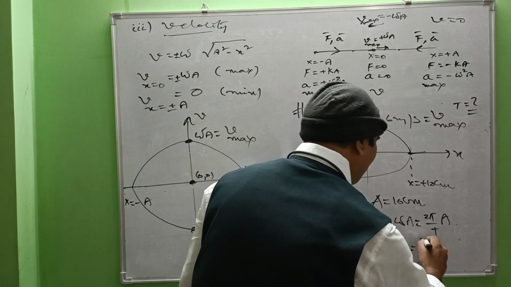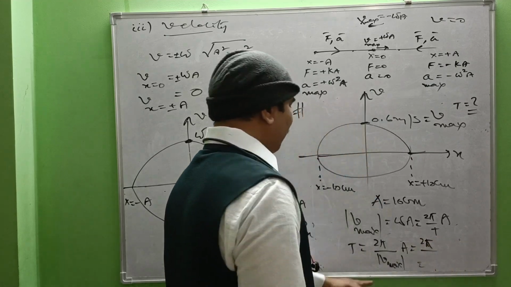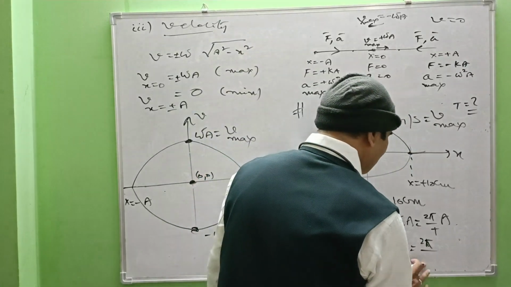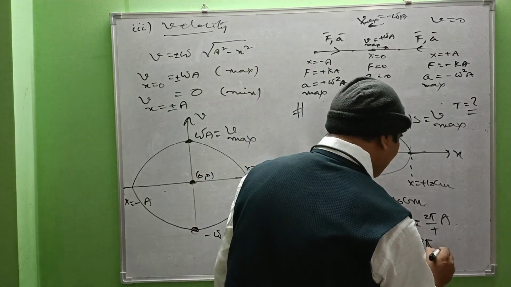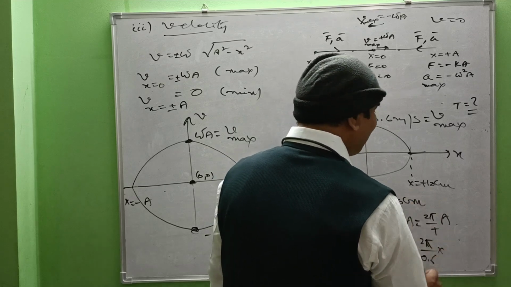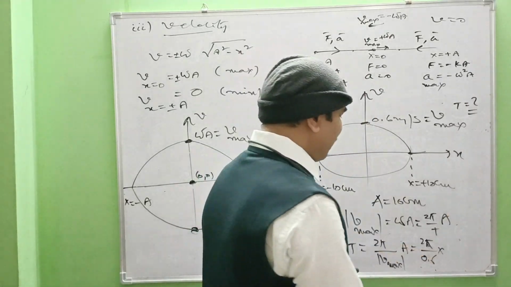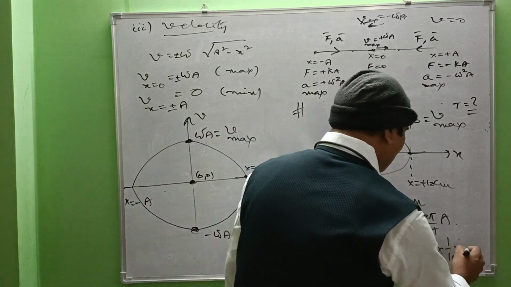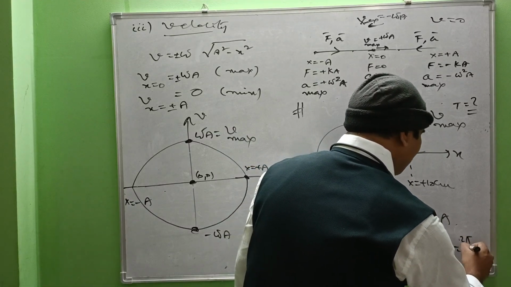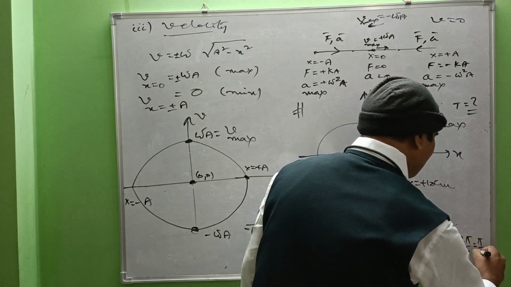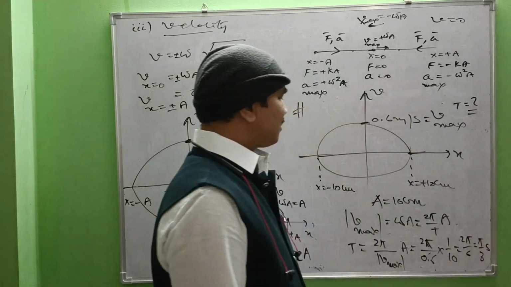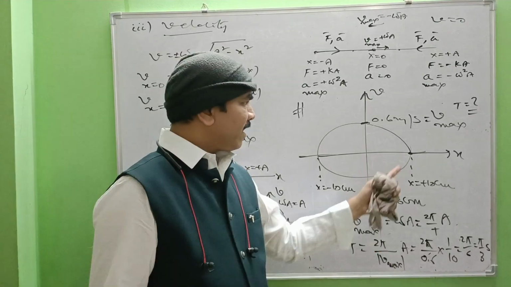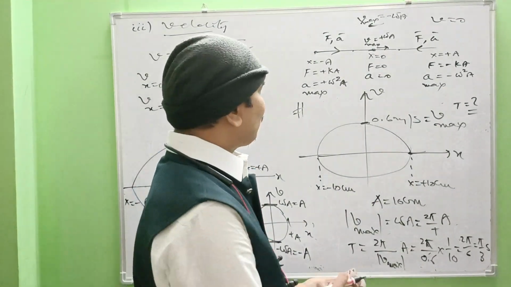That is 2 pi by 0.6 meter per second into amplitude. What is the amplitude? 10 centimeter means 1 by 10 meter. So 0.6 into 10, that is 6. 2 pi by 6, that is pi by 3 seconds. So that's how one can find the time period also.